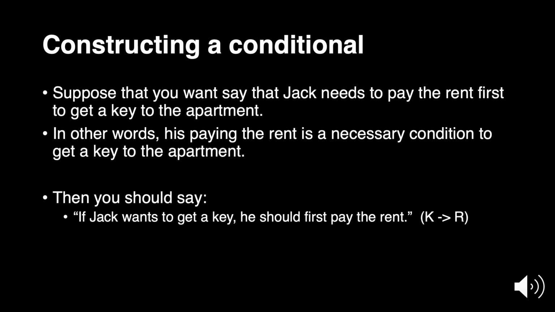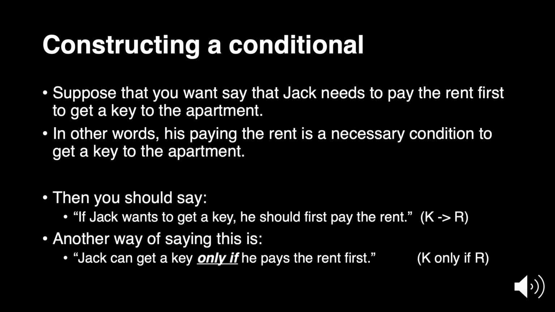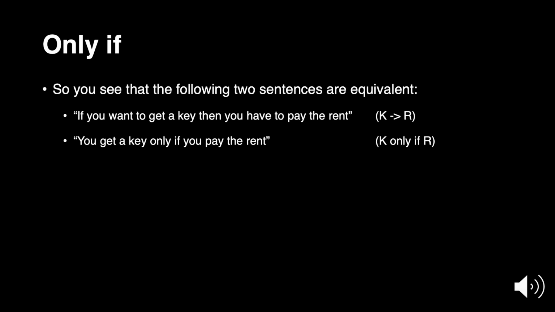Right. But there is another way of saying this. Jack can get a key only if he pays the rent first. You should be able to see that these two mean the same. Now, so you see that the following two sentences are equivalent. If you want to get a key, then you have to pay the rent.